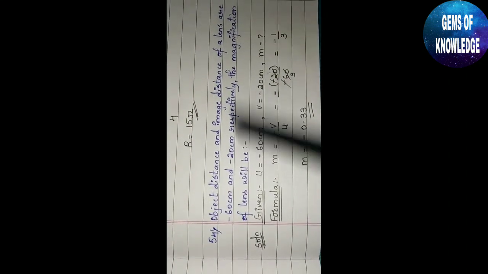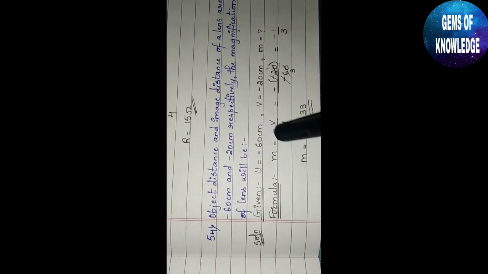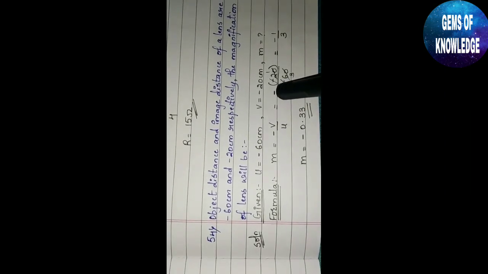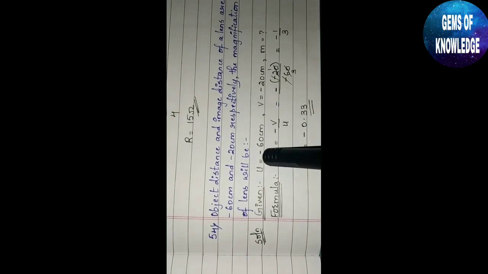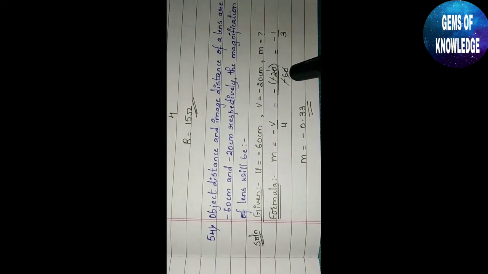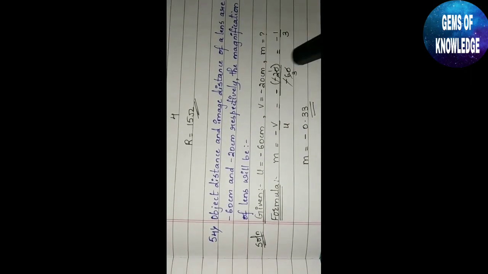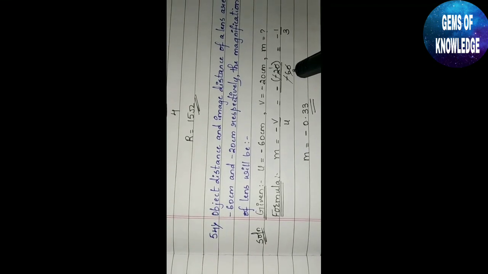According to the magnification formula, M is equal to minus V by U. Here minus will be as it is, V is minus 20 centimeter and U is minus 60 centimeter. Centimeter and centimeter cancel each other. So we get 20 ones are 20 and 20 threes are 60.